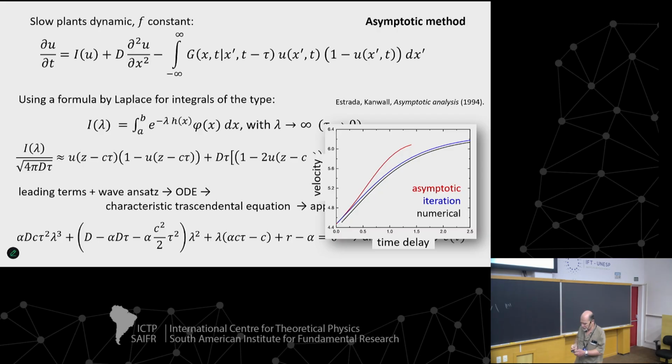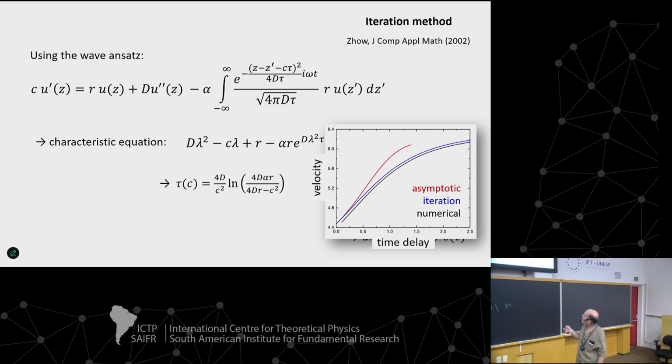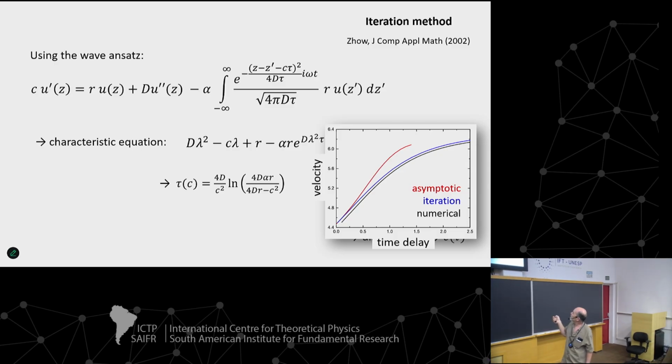And for the iteration method, we are thankful to a couple of guys that published an equation very similar to ours, from which you can also get a transcendental characteristic equation that gives you an analytical value of the inverse dependence of the speed on the delay, from which you can get the velocity as a function of the delay, which is the one that we show here.